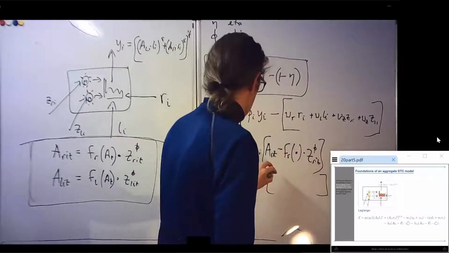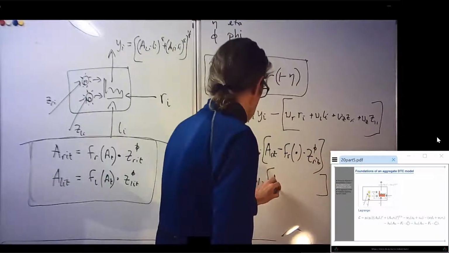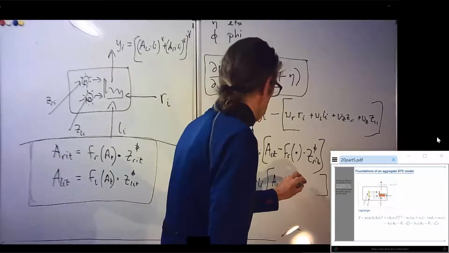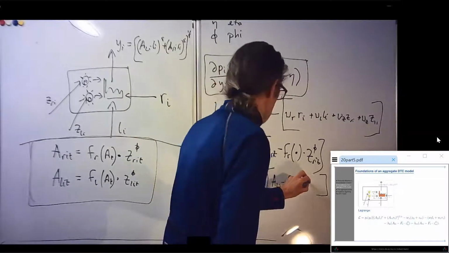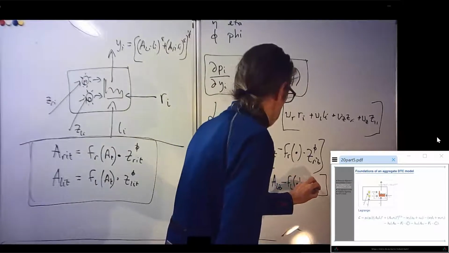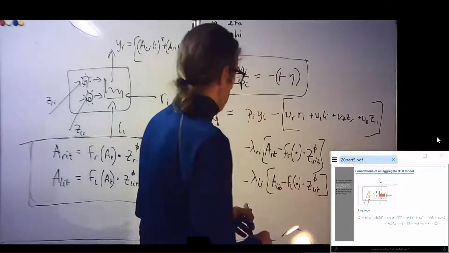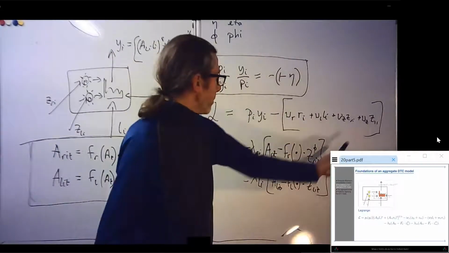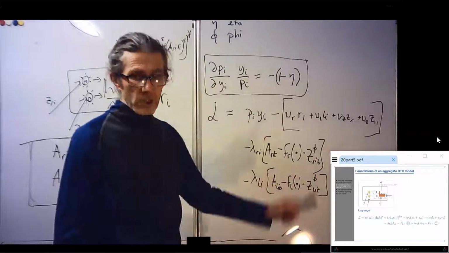And then the symmetrical expression here will be ALIT minus FL of that, times ZLIT to the phi. So this is firm i's Lagrangian.